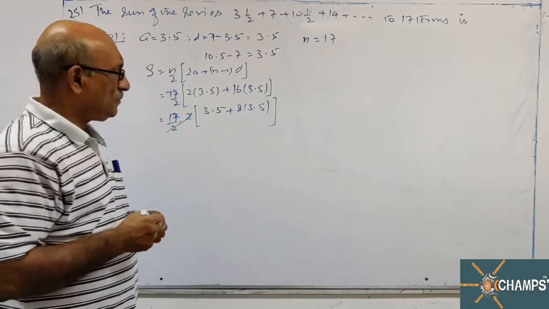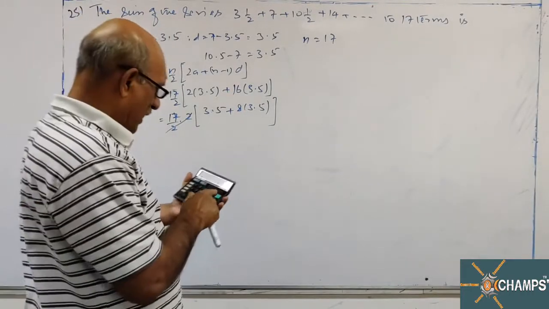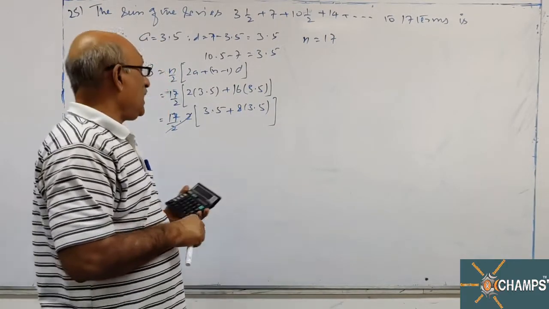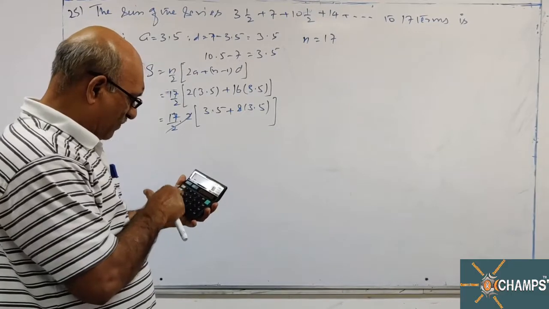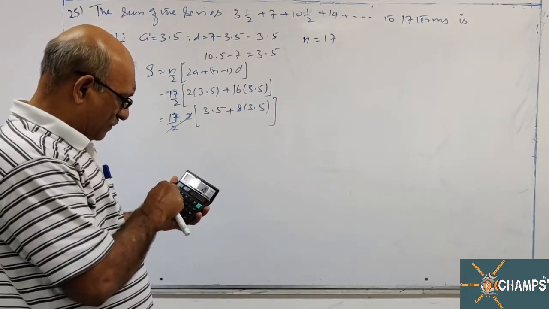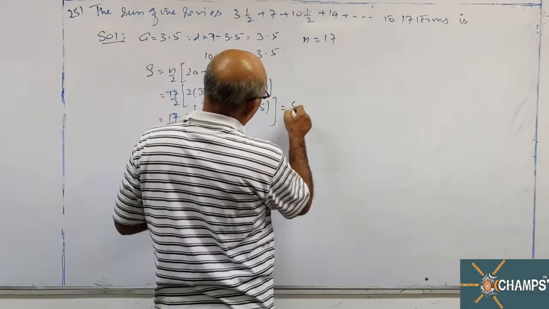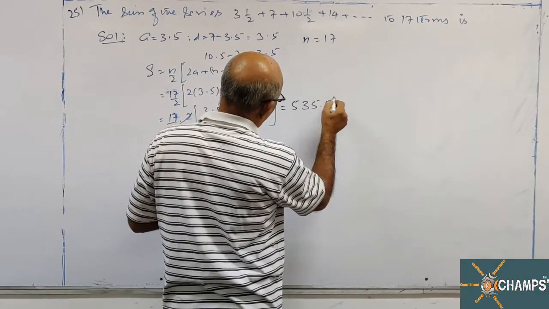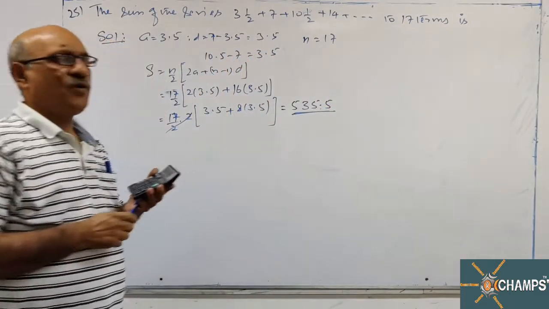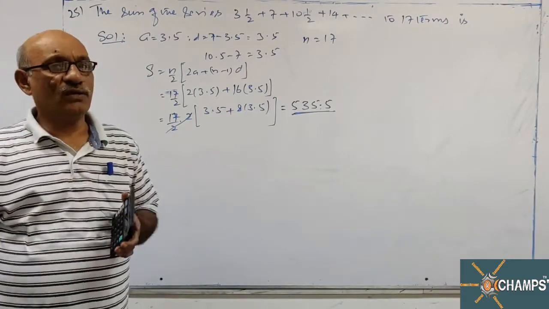The 2 cancels. 3.5 into 8 is 28 plus 3.5, 31.5 into 17, which is 535.5. This is the answer to the given question.